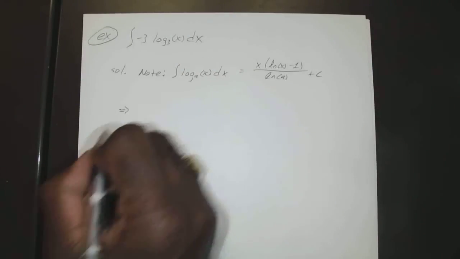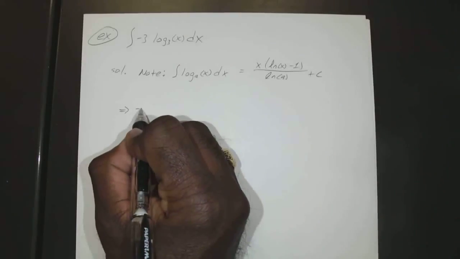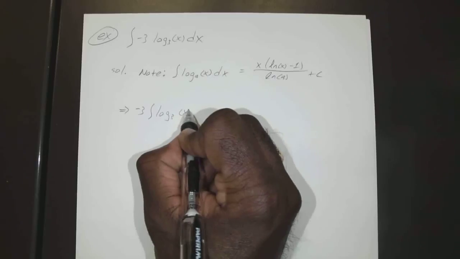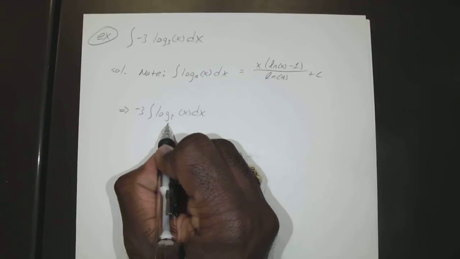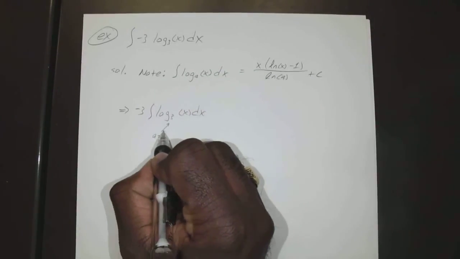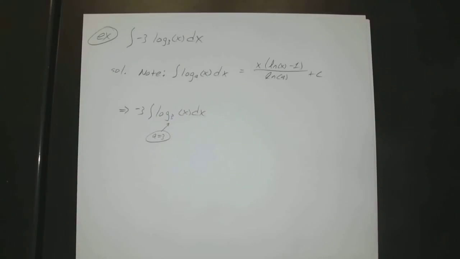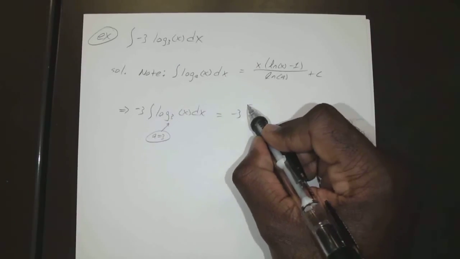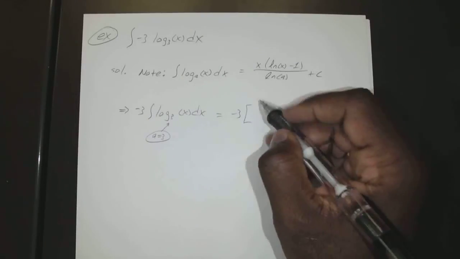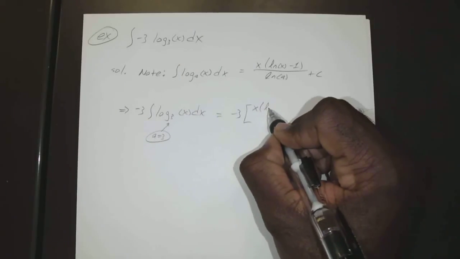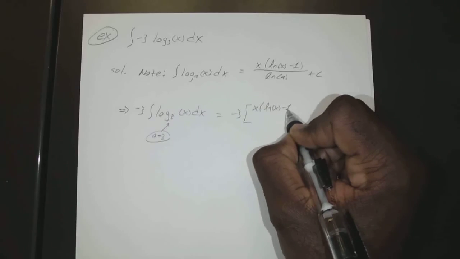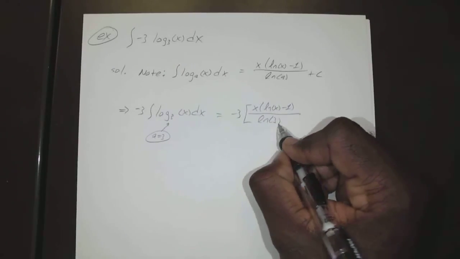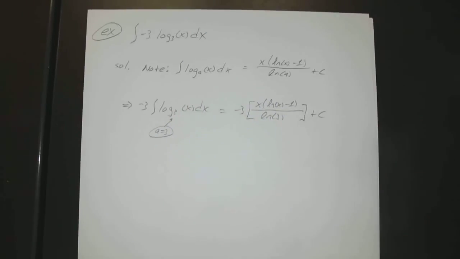So for this one, once you factor out the negative 3, log base 3 of x with respect to x, where you know your a is equal to 3, that's going to give you negative 3 times x, natural log of x minus 1 over natural log of 3, plus c.